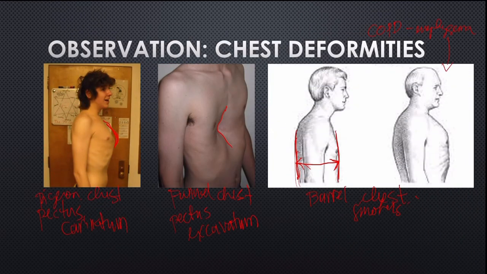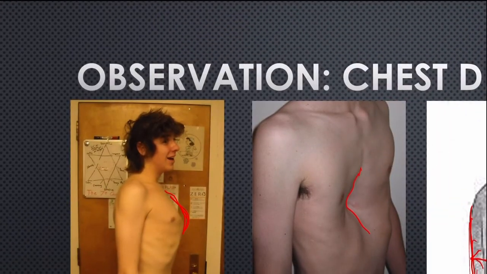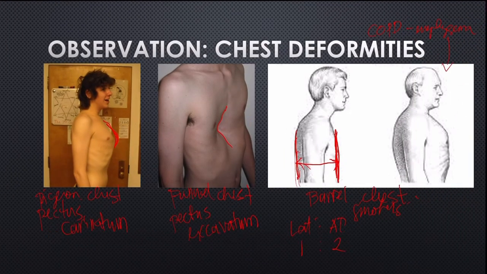If we have a ratio here, lateral view to AP view, we can say that this is 1:2. Meaning, lateral view should be 1, meaning twice. You should double the diameter of the lateral view. It will equal 2 in AP view. So your AP view is twice in terms of the diameter.